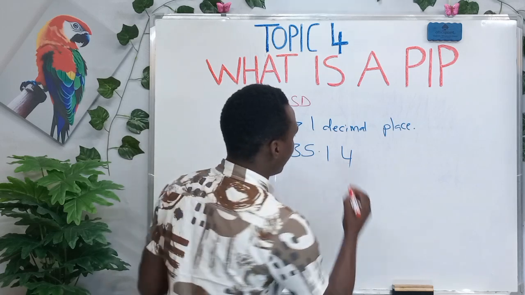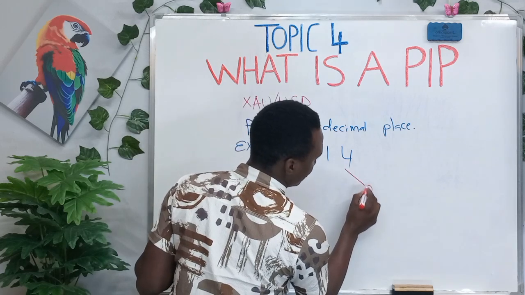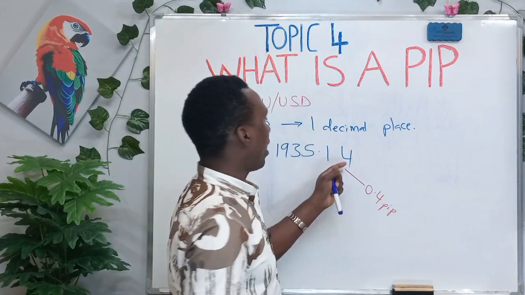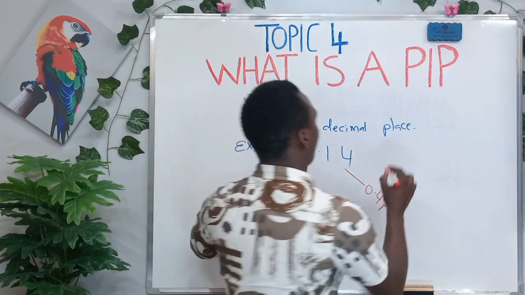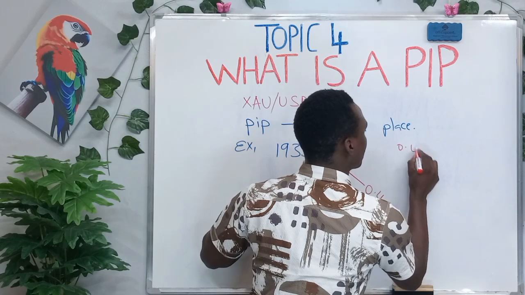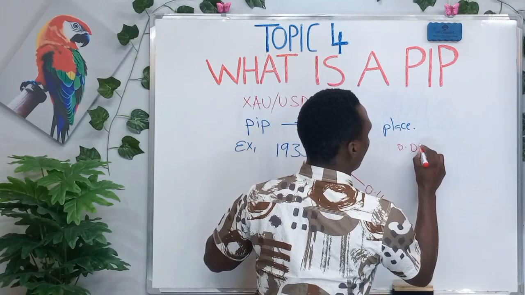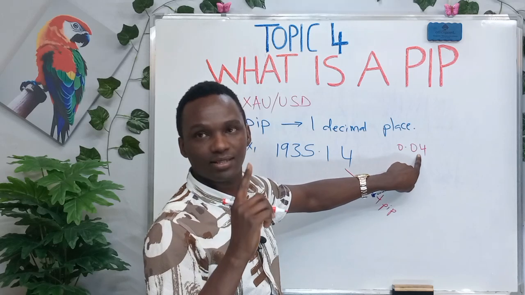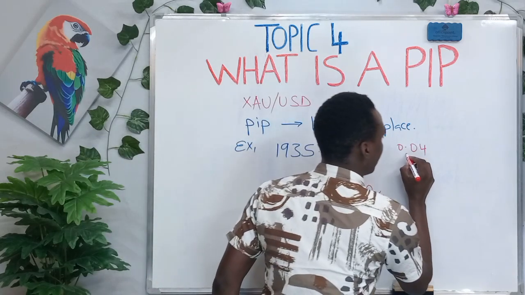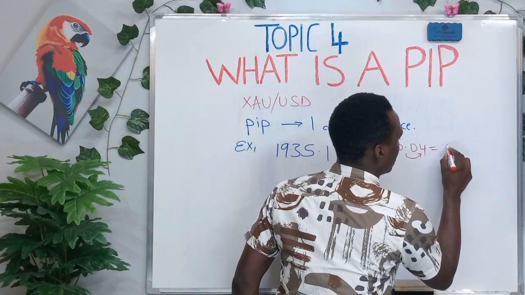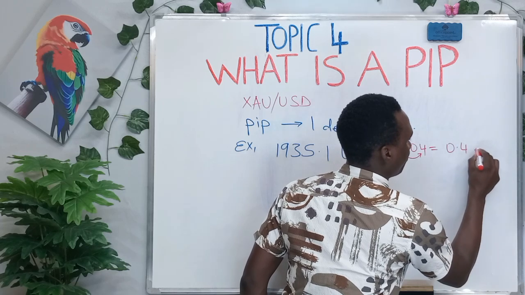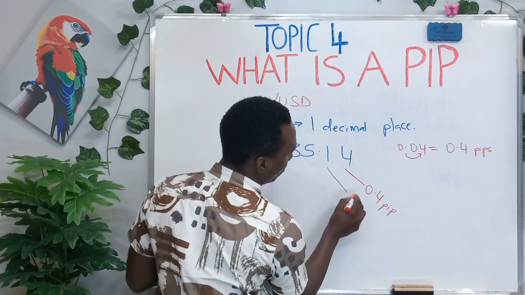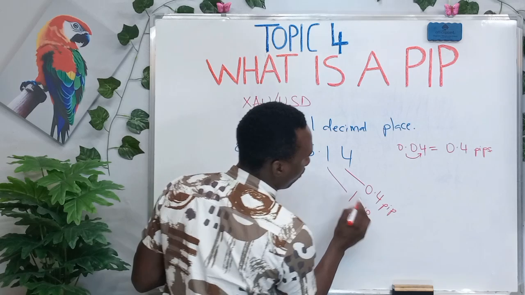This one is 0.4 pip. Why are we saying 0.4? Remember, this is 0.04. If you shift this to one decimal place, how many pips are we getting? 0.4 pips. All right. What about this one? This is 1 pip. Why?